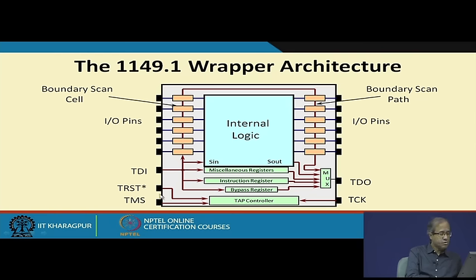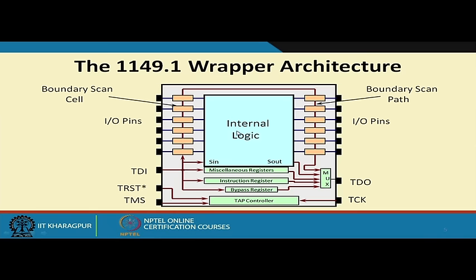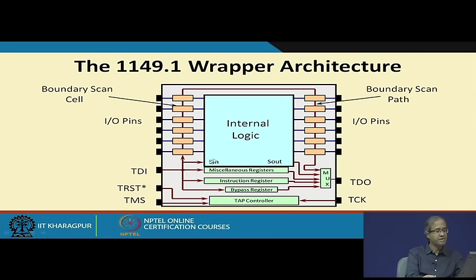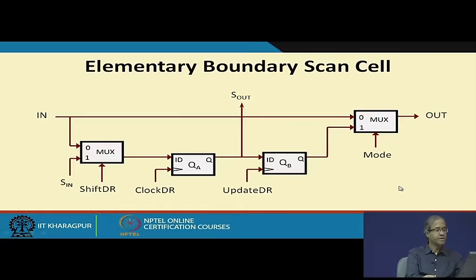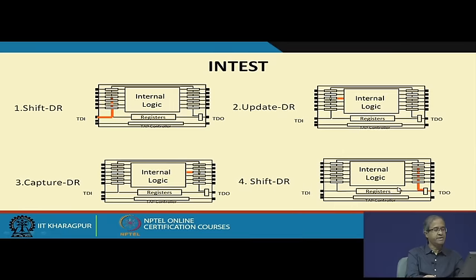So, there is also a facility where whatever data you are feeding can go directly into the scan in of this internal logic, and whatever is coming out can go out and be available over TDO. So, this mode is also there. It is not that you cannot use any scan path internally, that also you can use. It is like a combination. So, let us go ahead.